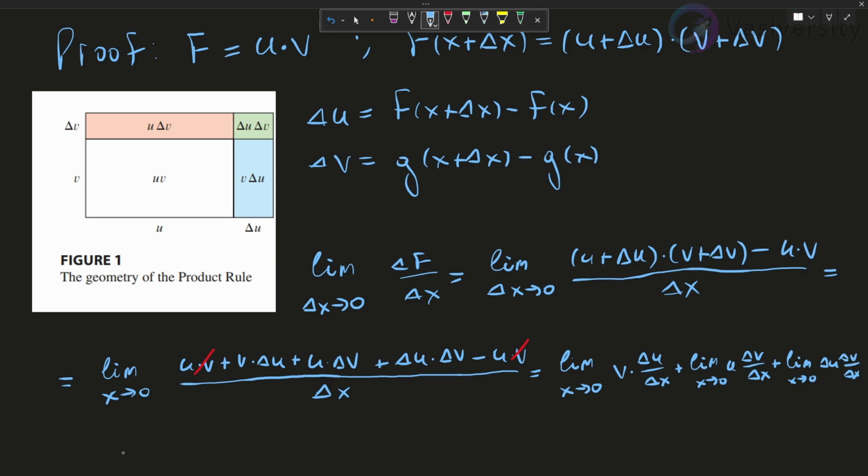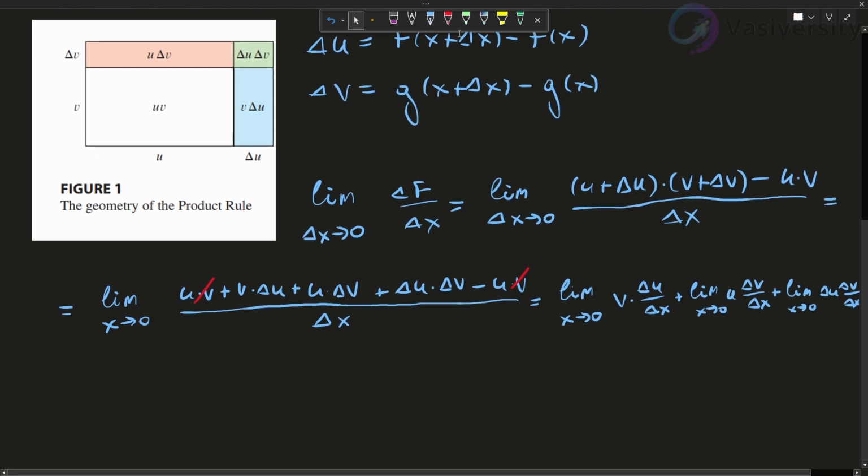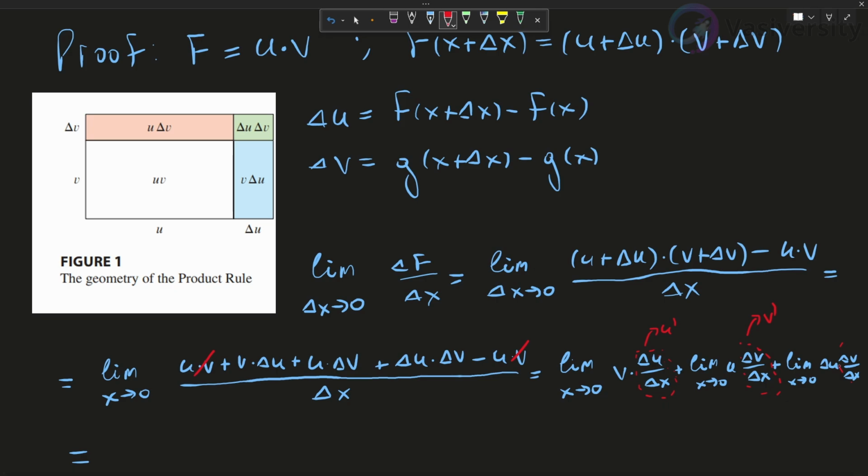Here are a few important things to note. By definition, delta u over delta x is the derivative, u prime. Delta v over delta x is the definition of v prime. In the last term, delta u approaches 0.